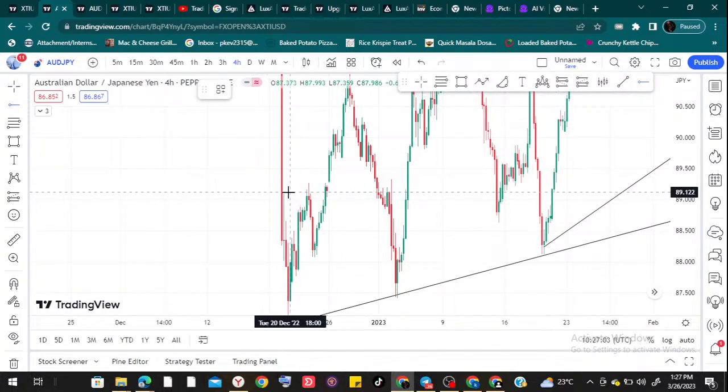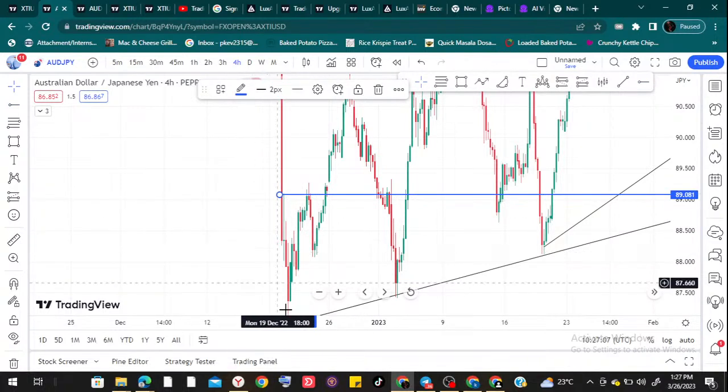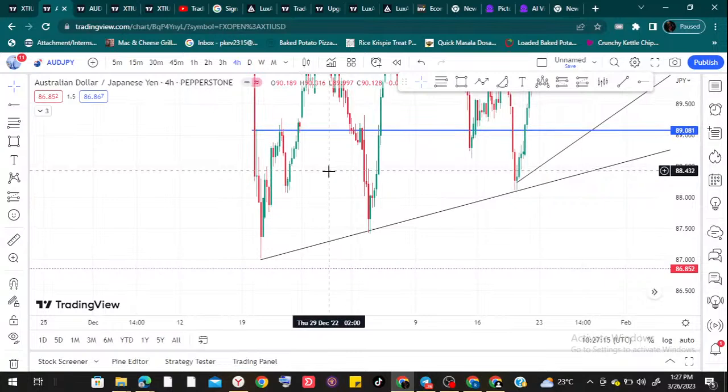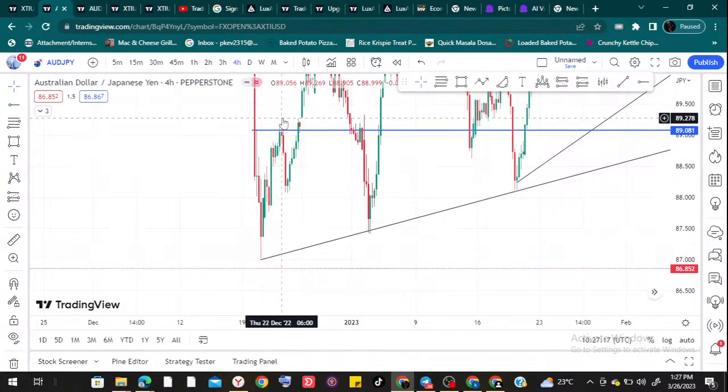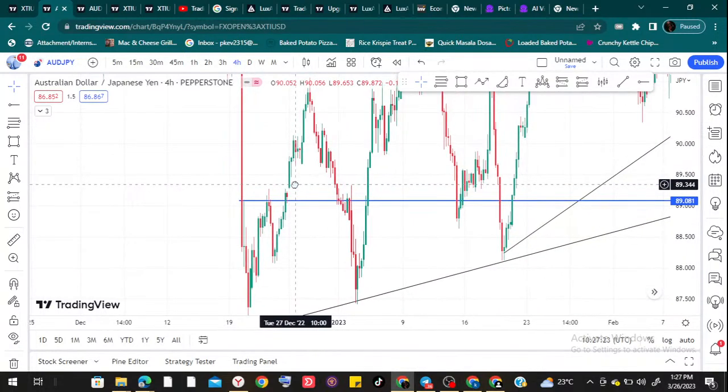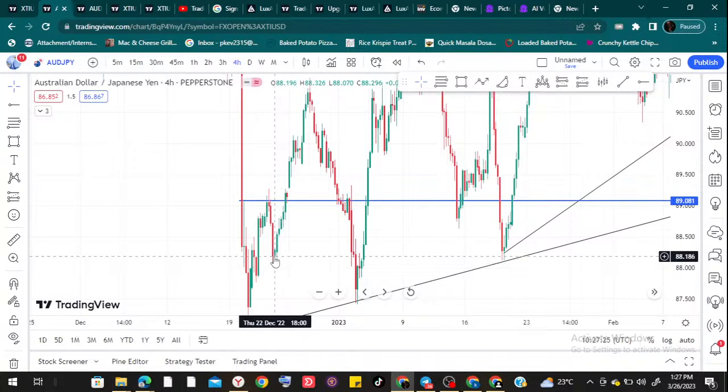I don't want to draw a lot of lines because it will confuse a lot of people, but I'll be deleting them. So we see the market came down to this level. Remember, it was on a downward trend. After getting to this point, it went up. There was some resistance, so it came down to this level, and then there was a push to the upside, which indicated that around this zone there were a lot of buyers.